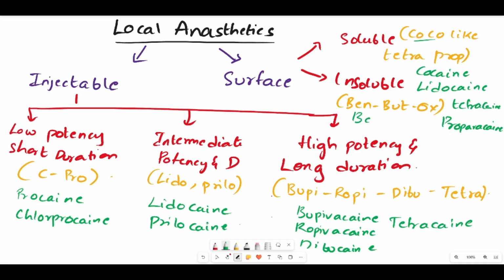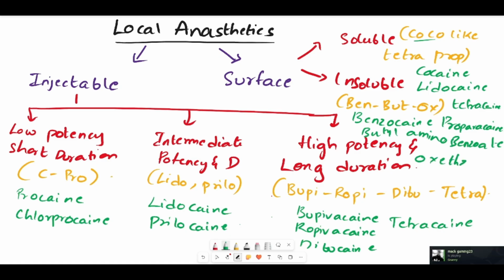Ben means it is benzocaine. But means it is butyl amino benzoate. And ox means it is oxitazine. So let me just repeat this entire class with tricks for you once again.